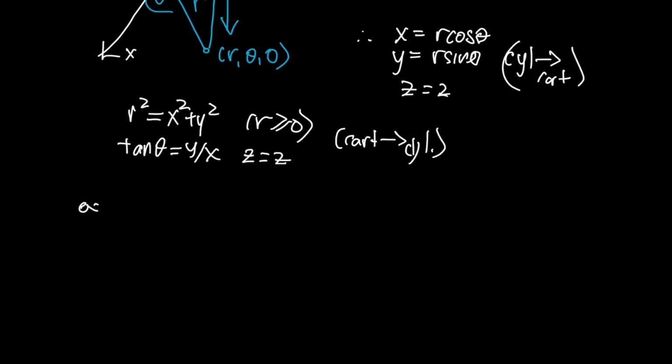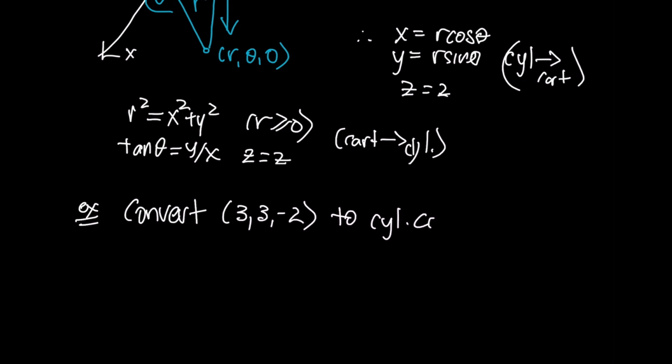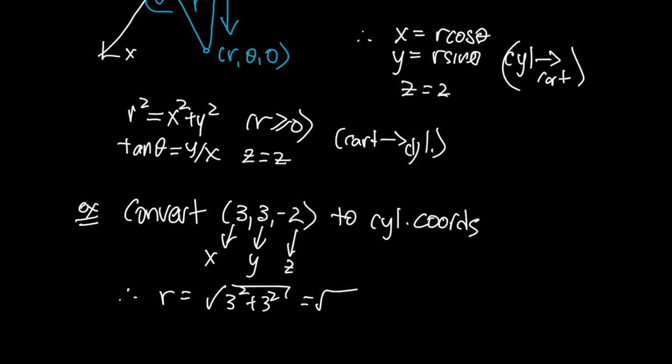Now, as a basic example, let's take this point given in Cartesian coordinates as 3, 3, and -2, and convert this into cylindrical coordinates. So this means that x is 3, y is 3, z is -2. We'll have the square root of 3 squared plus 3 squared, which is the root of 18, which is 3 root 2. We'll also have that the tangent of theta is 3 over 3, which is 1.